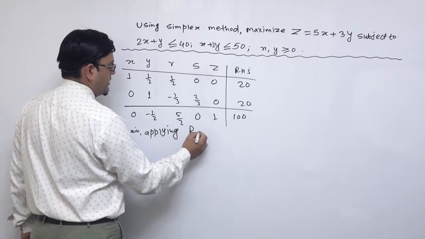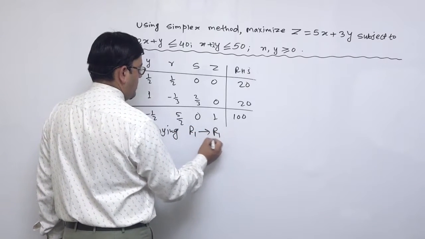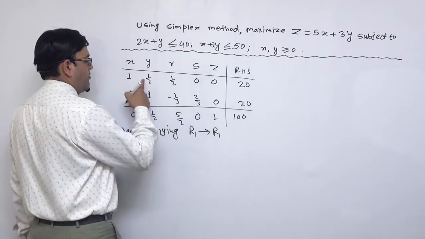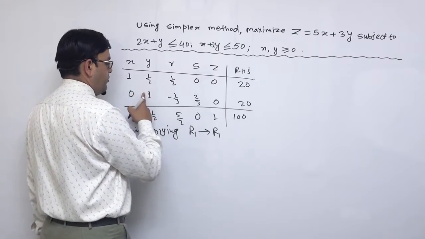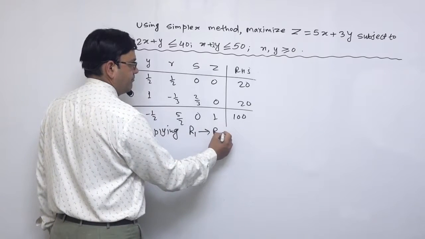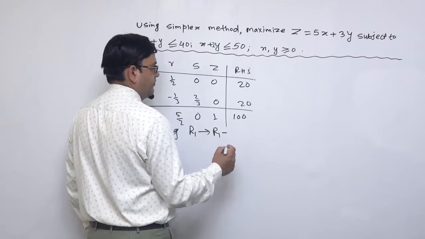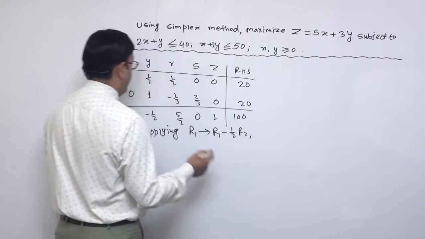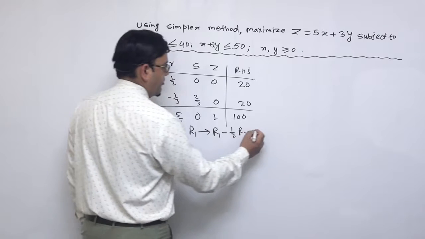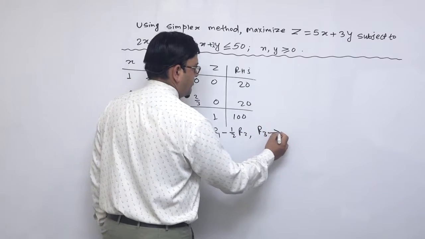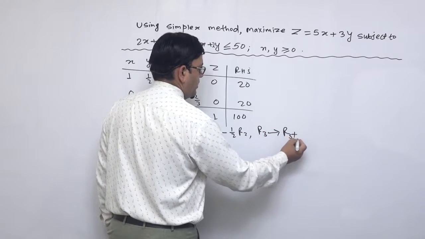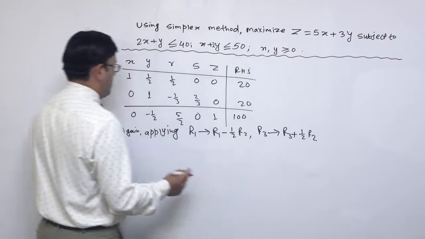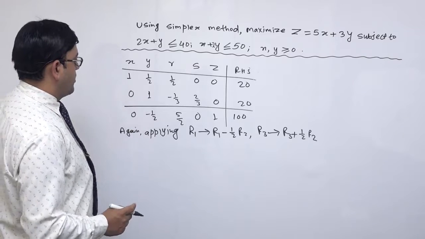So applying again, R1 changes into R1 minus 1/2 R2, and R3 changes into R3 plus 1/2 R2.